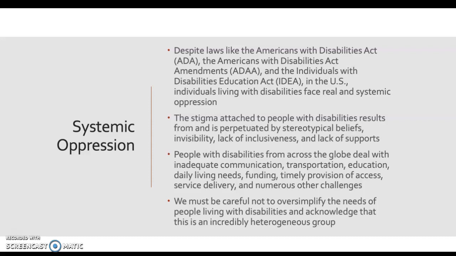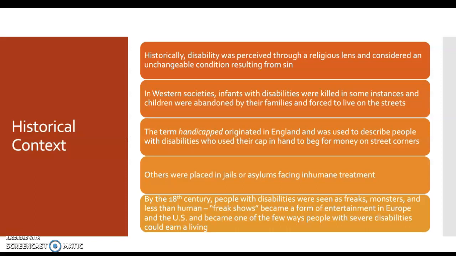So again, thinking back to the assumptions that we hold around what it means to have a disability, because sometimes we can have very rigid understandings of what that looks like. In doing so, we might be overlooking an entire group of people simply because they don't fit the narrative that we hold around disability.